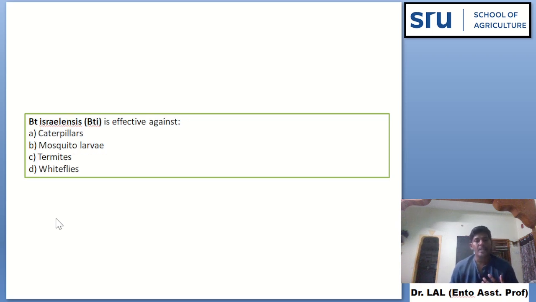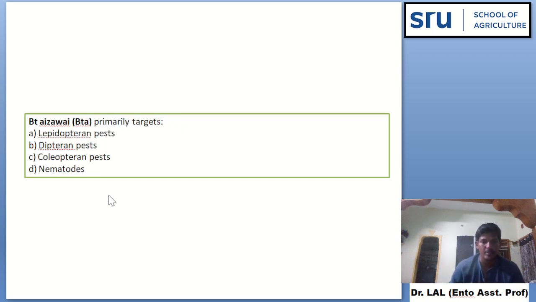Bt israelensis is effective against caterpillars, mosquito larvae, termites, or whiteflies? Here the correct answer is mosquito larvae. So Bt israelensis is effective against mosquito larvae.